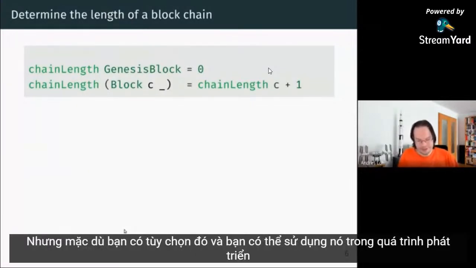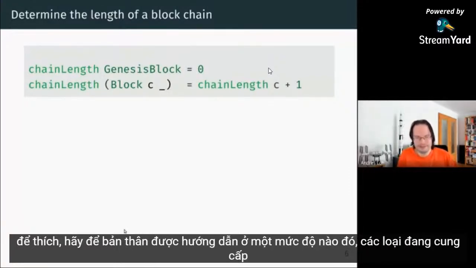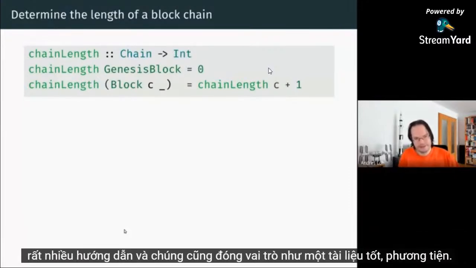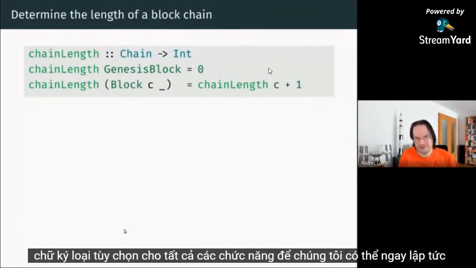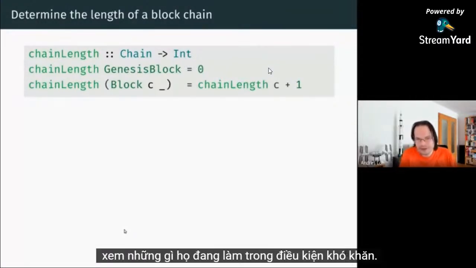But even though you have that option and you can use it during development in order to let yourself be guided to some extent, types are providing a lot of guidance, and they also serve as a good documentation vehicle. It is very good style and absolutely encouraged to write down these optional type signatures for our functions so that we can immediately see what they are doing in rough terms.